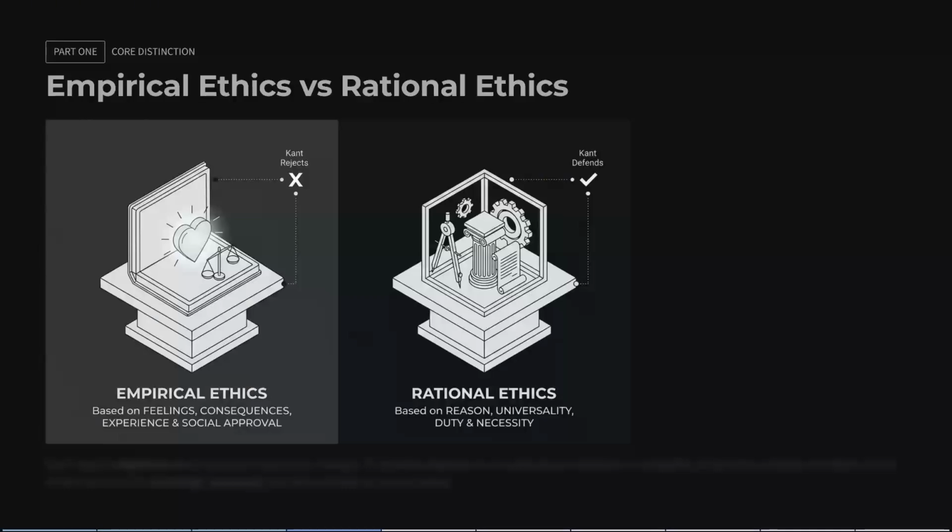But Kant believes that a genuine moral law must be universal and necessary. It must hold for every rational agent, in every situation, at every time. The wrongness of lying must not depend on whether this particular lie happens to produce good or bad consequences. The obligation to keep a promise must not dissolve when keeping it becomes inconvenient.